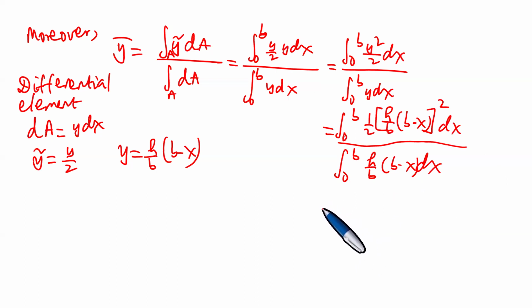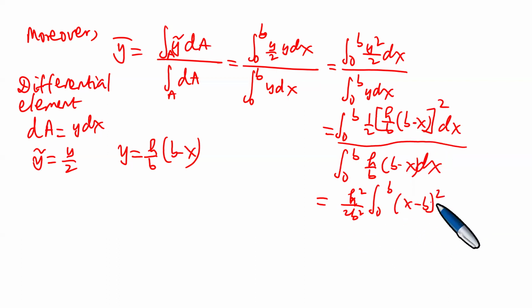So first things first, we can pull out the constants, meaning we can pull out h squared over 2b squared. Then have the integral focusing on b minus x squared. You can switch these around and have x minus b squared dx. You divide everything by the integral from 0, which is h over b.